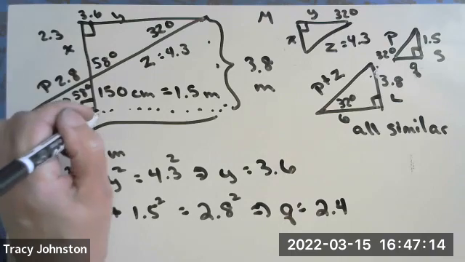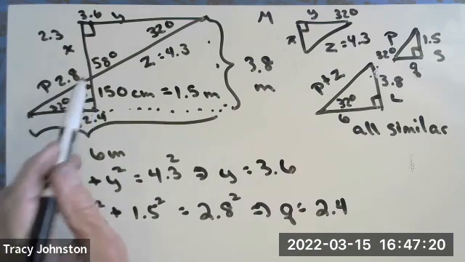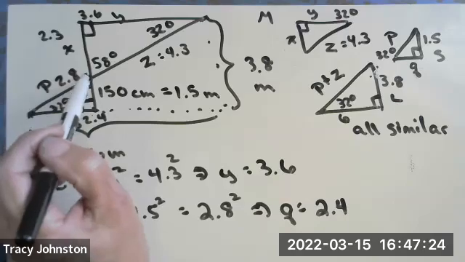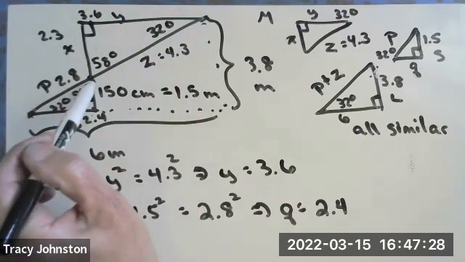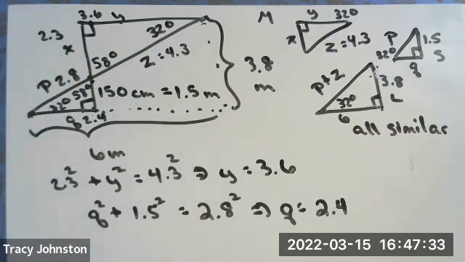So this is 2.4. So now I have the small triangle is 2.4 by 1.5 by 2.8. I have the medium triangle is 2.3 by 3.6 by 4.5. And I found all the missing lengths and I found all the missing angles, and we're done.